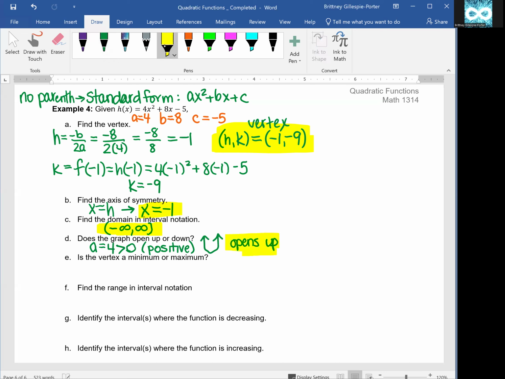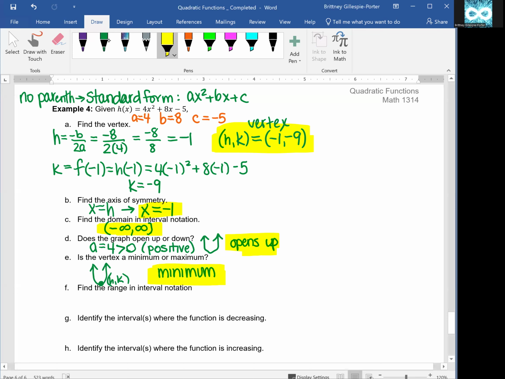Because our graph opens up and we're smiling, that means that our vertex is hanging out at the bottom. And if our vertex is at the bottom, we have a minimum. So our vertex is the lowest point we can be.